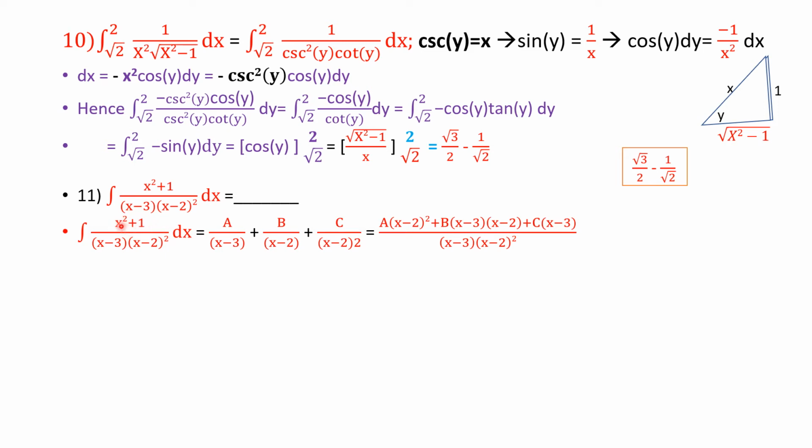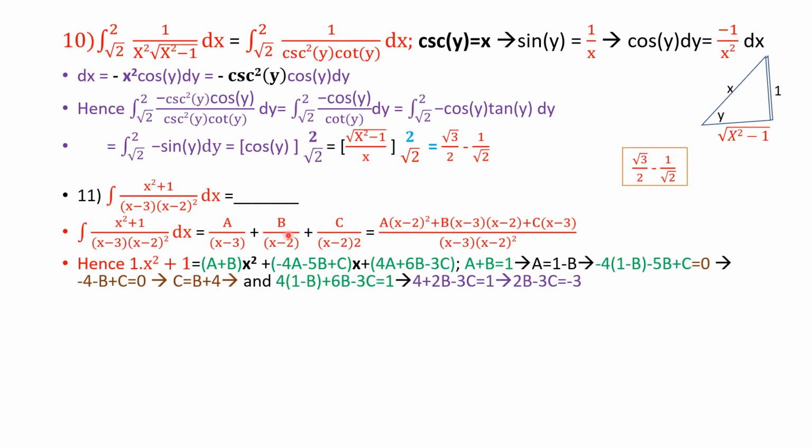The coefficient of x squared must be the same as the coefficient of x squared over here. The coefficient of x: if there is no x here, the coefficient of x here will be 0. So if we have a function here that involves x, then it should be equal to 0. So let's go ahead and continue.